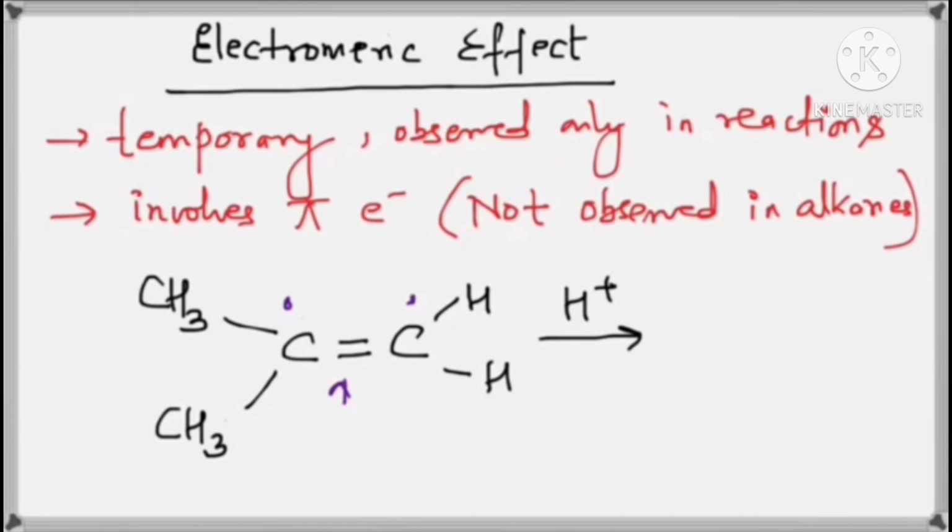Now in which direction will it go? We decide it with the help of the inductive effect. How? The CH3 group will try to push some electrons towards the carbon due to its plus I effect, and same case is with this CH3 group, and so the electrons are trying to move towards the right.